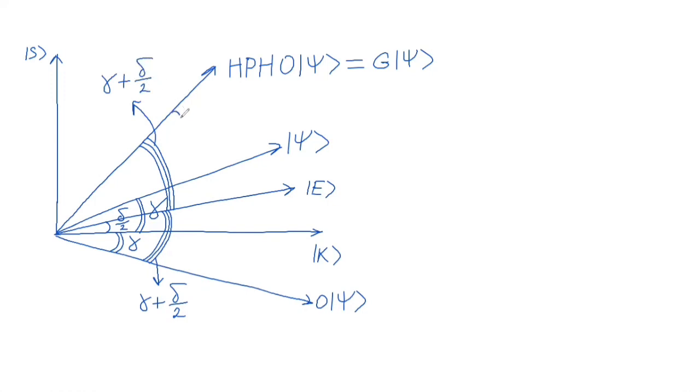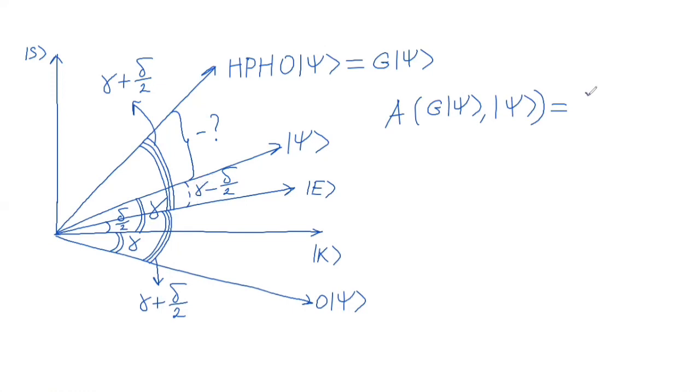But we are interested in the angle between G psi and psi. So this is the angle we'd like to find out. We know that this small angle here, which I will denote with dotted lines, is gamma minus delta over 2. And the angle in question, the angle between vector G psi and vector psi, is equal to this 3-line angle minus this dotted line angle.